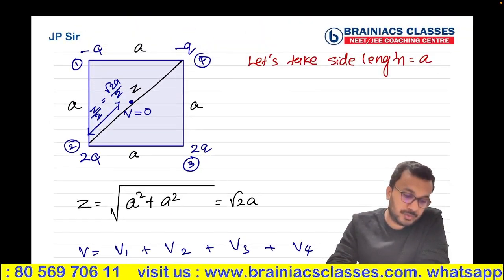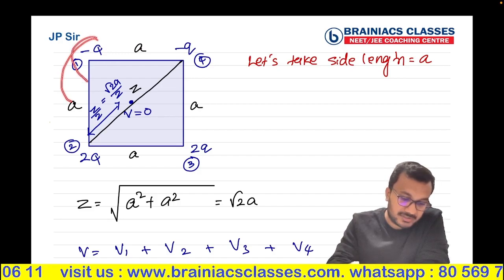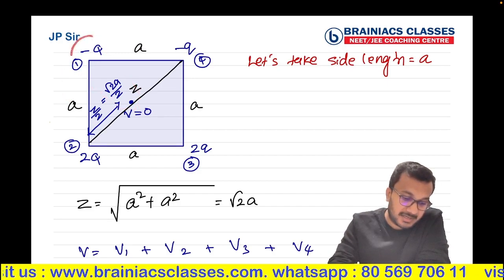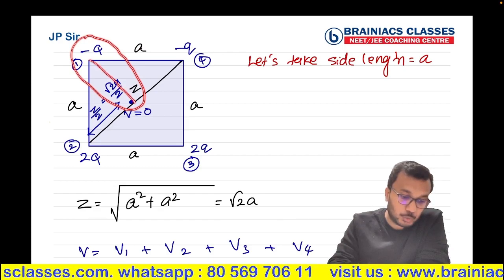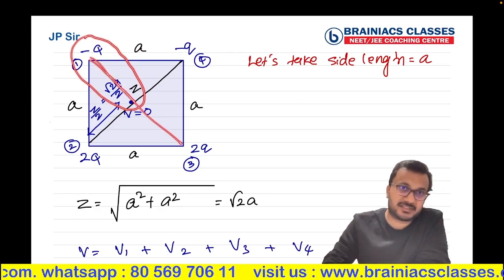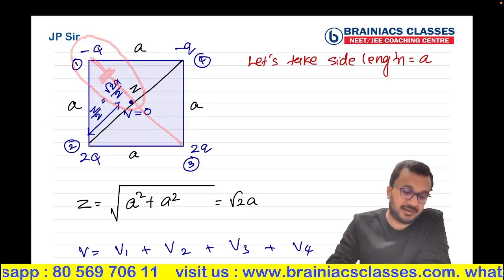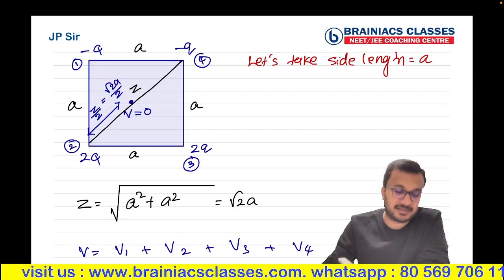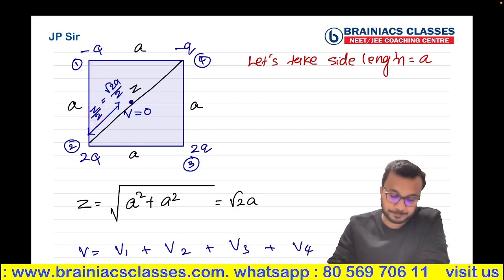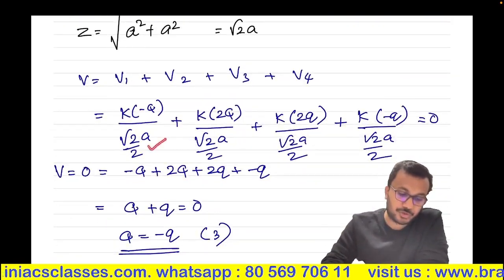K into its charge, to the center, k into minus q by distance. How much is the distance? Z by 2. Z is the full distance, so we need only half of it, this highlighted distance, that is nothing but Z by 2. Z by 2 means root 2a by 2.